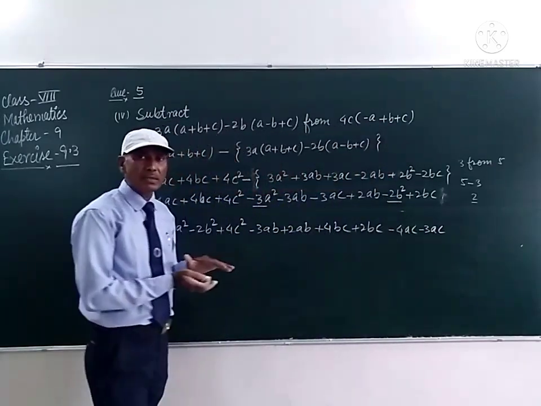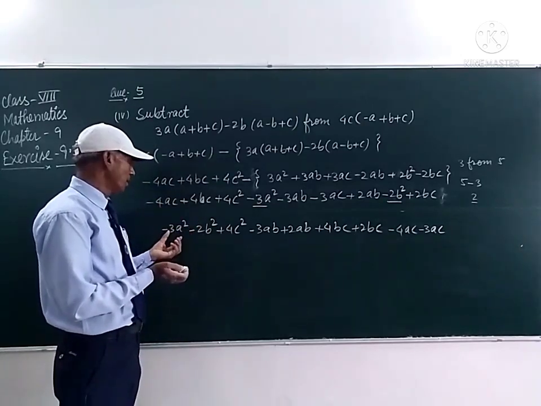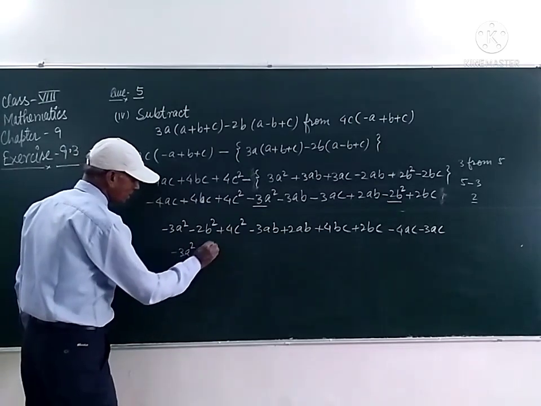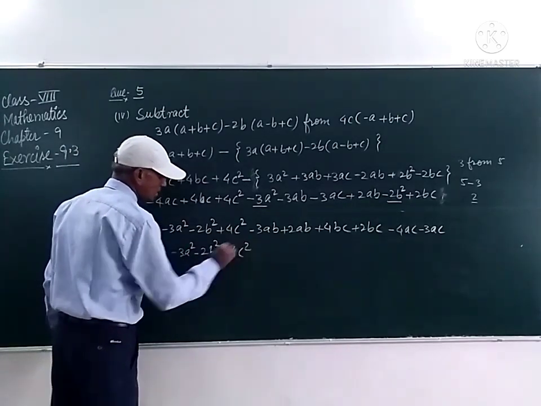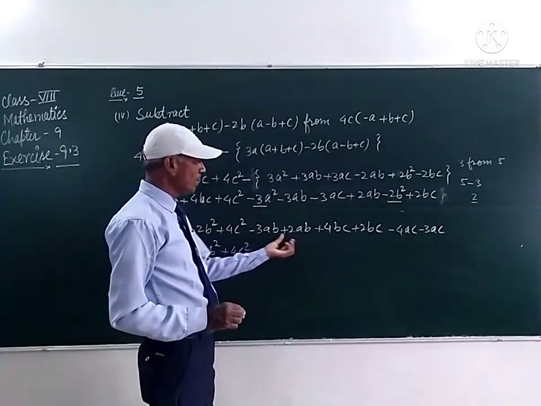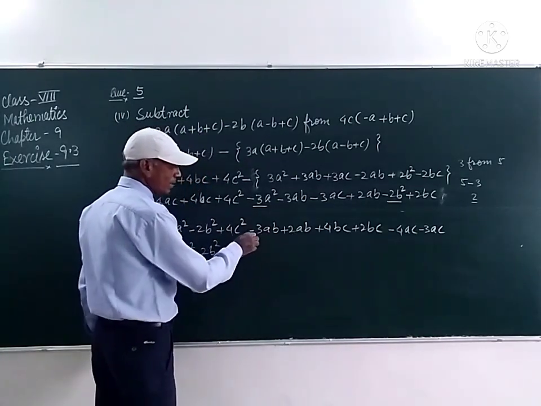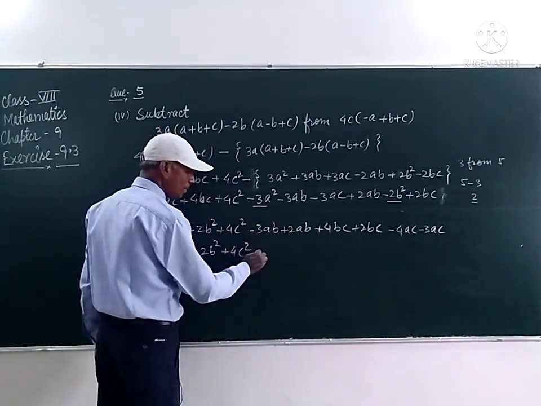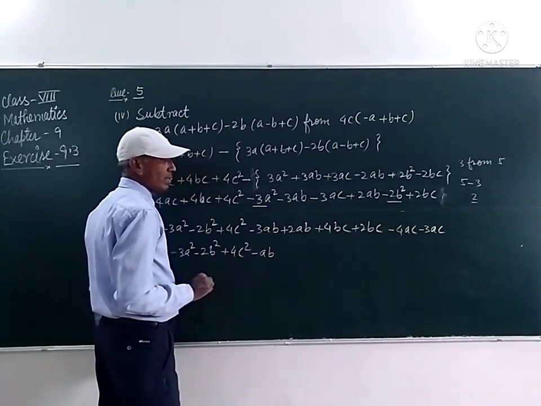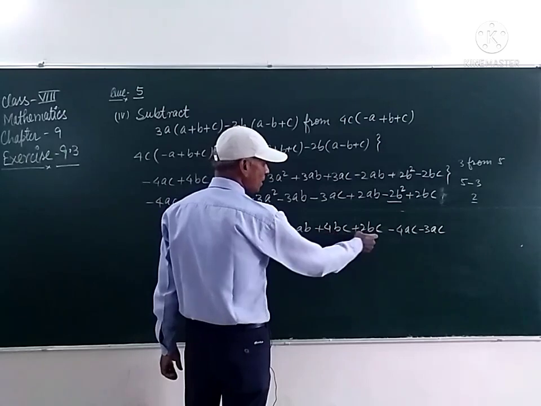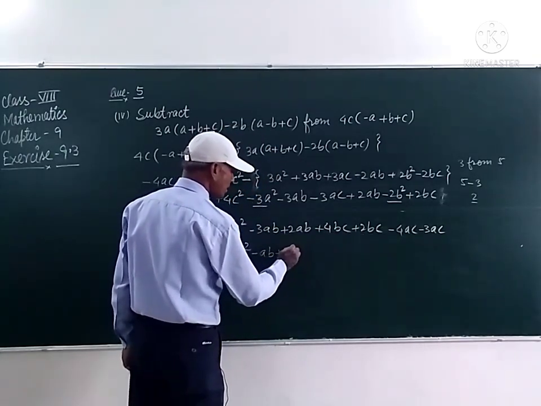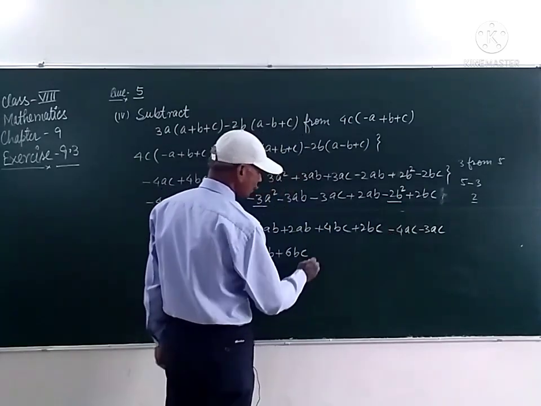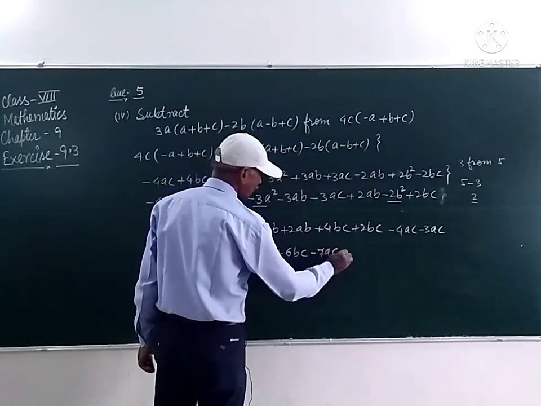We have to write the like terms with each other student, and in this minus 3a square minus 2b square plus 4c square. Now minus 3ab plus 2ab, it is negative, it is positive student. So minus 3ab plus 2ab, it will be minus ab only, and this one 4bc plus 2bc, that is 6bc, and this one minus 4ac minus 3ac, minus 7ac.